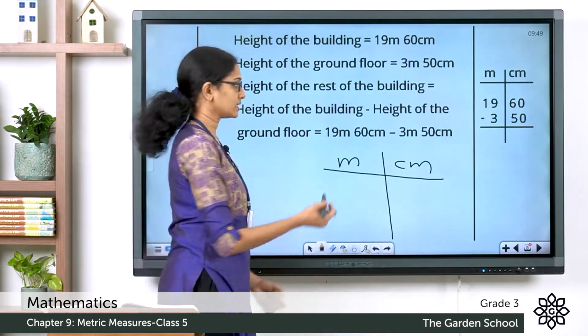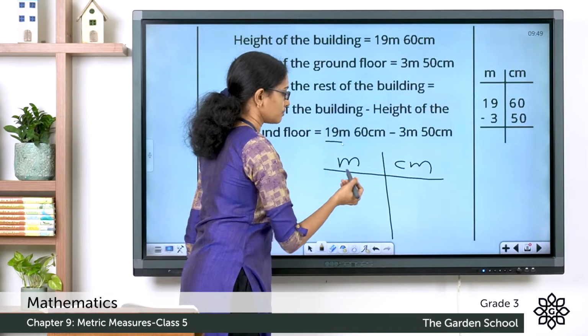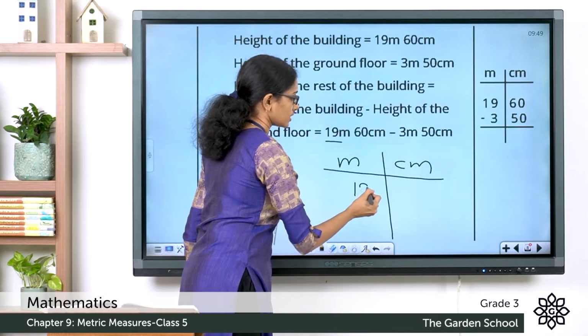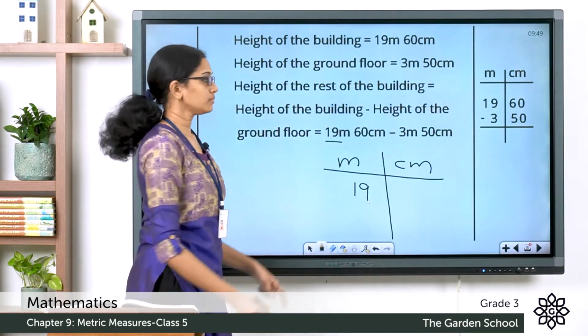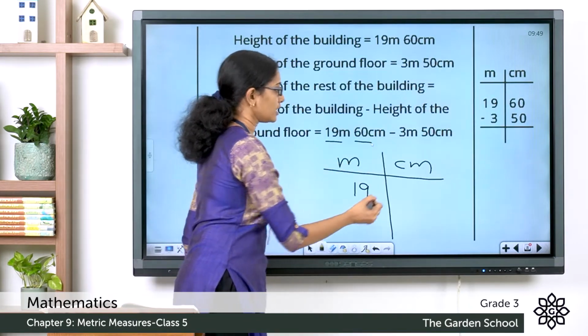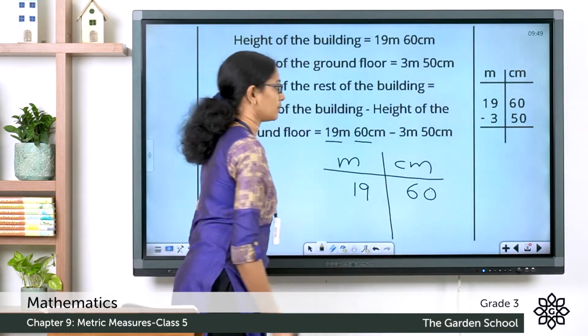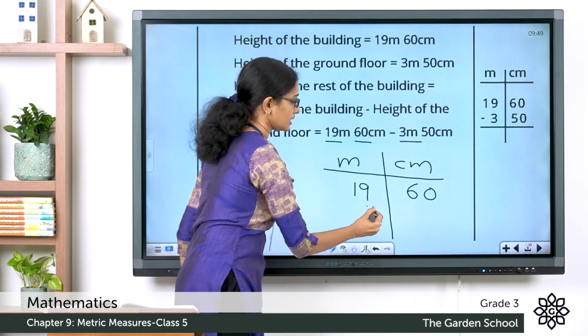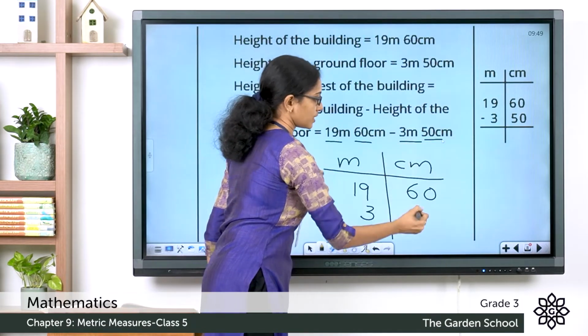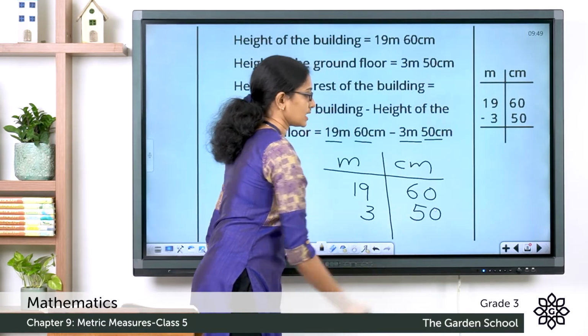Then from the question, 19 meters, the bigger measurement goes in the meter column, then the 60 centimeters goes in the centimeter column, then the 3 meters in the meter column, then the 50 centimeters in the centimeter column.